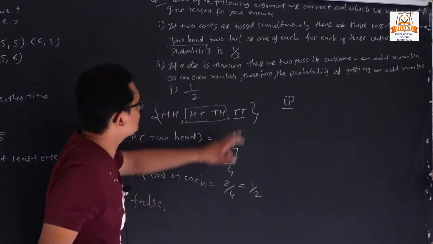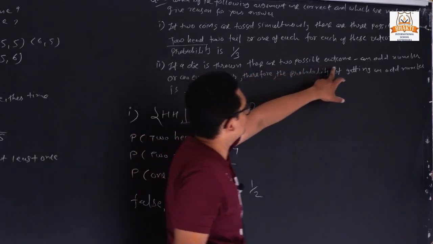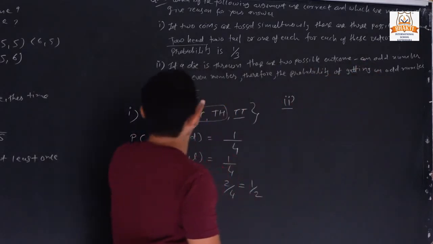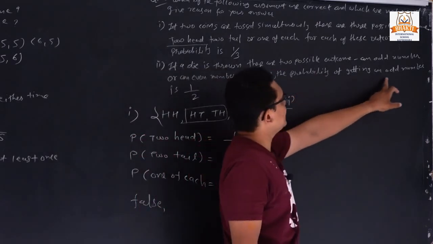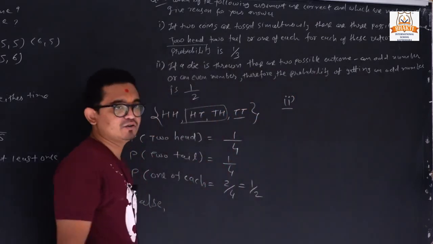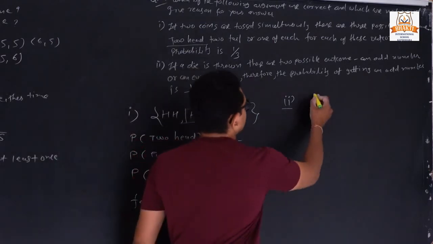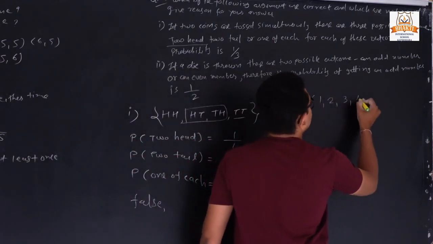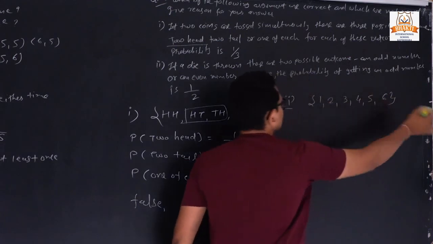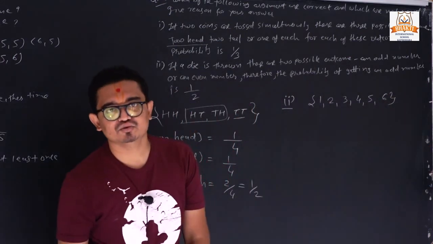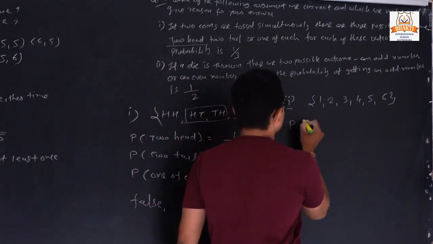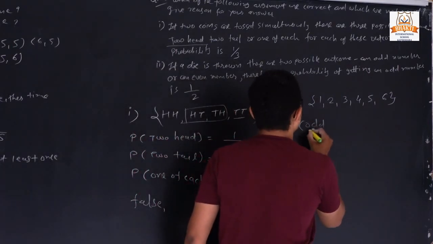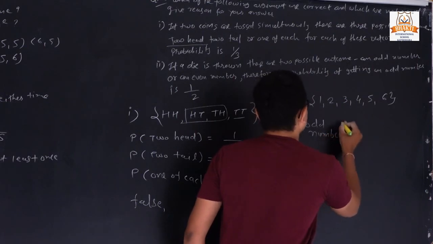Now second: if a dice is thrown, there are two possible outcomes, an odd number and an even number. Therefore the probability of getting an odd number is 1 by 2. First of all, if we throw the dice, we have a total of 6 outcomes: either 1, 2, 3, 4, 5 or 6. First we need to find the probability of an odd number.